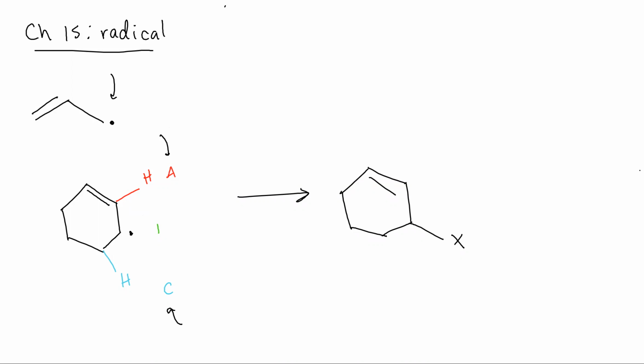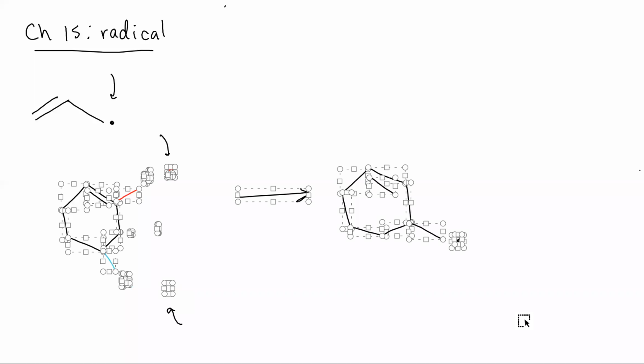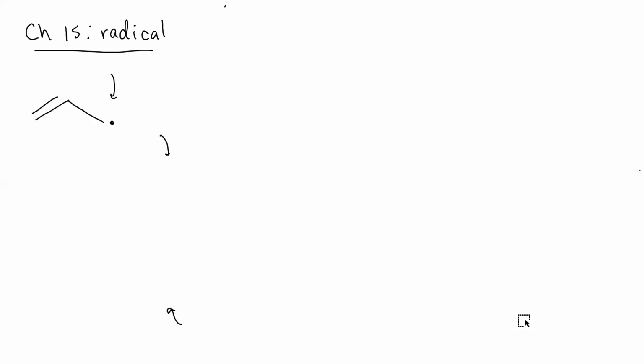Now, one more thing to note for this allylic halogenation, let's say we have this guy right here. Okay, so we have a double bond there. Actually, let me move the double bond right here. So we have a double bond here, and we have two possible points for an allylic radical.